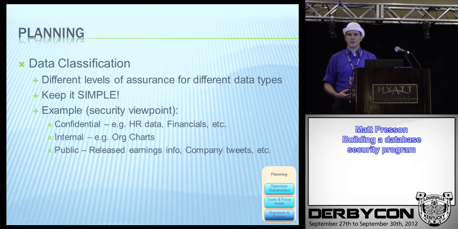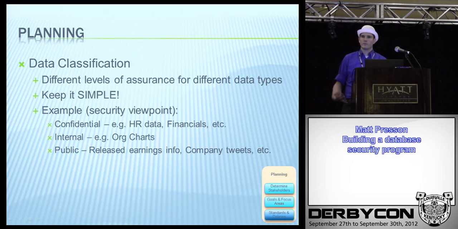If they can't understand what type of data it is, and therefore what types of controls need to be put around it, your data classification is going to fail. You're not going to get the right types of controls around it, and then you're just going to be chasing your tail. So keep it simple, focus on it from a business perspective, and then apply the security controls.